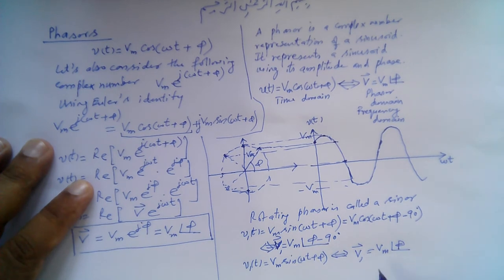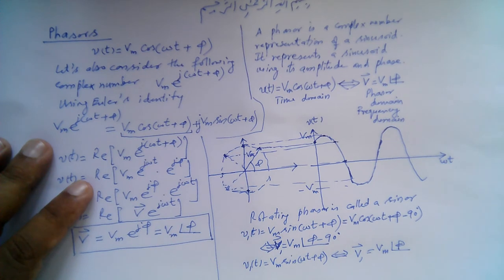In that case, when we are performing the reverse operation, then again we'll be using a sine here, not a cosine. So transforming back from the phasor domain into the time domain, we'll be using a sine function if we have used this transformation initially from the time domain to the phasor domain, right?